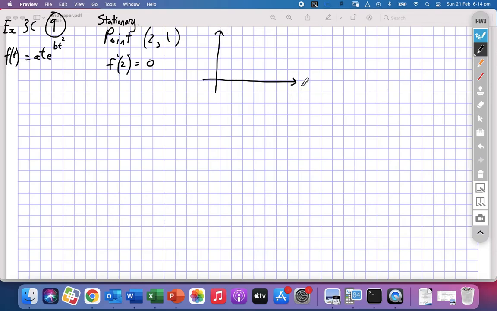T is most likely standing for time. And we've got a little point there, right? A little max. Make sense? Okay.